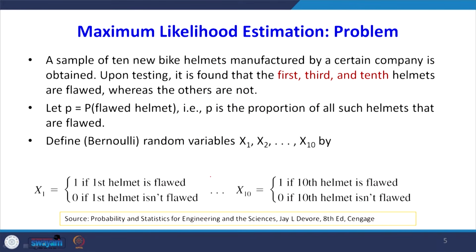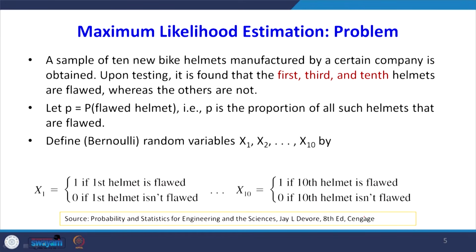We will take a simple example. With the help of this example I will explain the application of this maximum likelihood estimation. This problem is taken from the book Probability and Statistics for Engineering and the Sciences by Professor J.L. Devore, 8th edition, Cengage publications. The problem says a sample of 10 new bike helmets manufactured by a certain company is obtained.